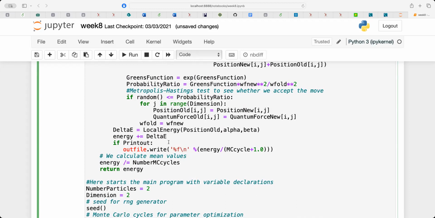But what you see here is that there is a writing where we now calculate an expectation value of the energy as a function of a given number of samples. So if you run 10,000 times, what it is doing now, it is writing out the expectation value after 1 cycle, 2 cycles, 3 cycles, etc. So you can obviously change this if you want to.